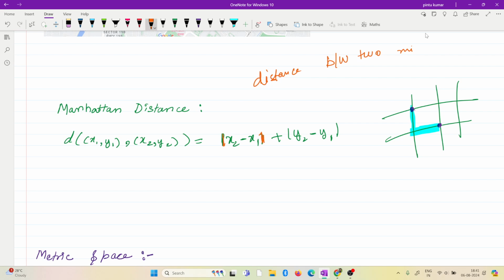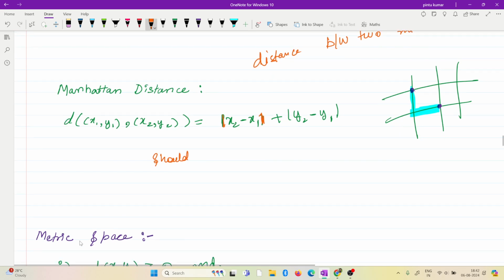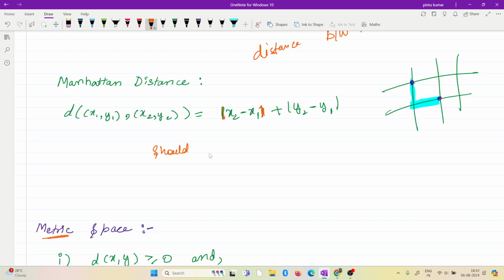Then what are the basic properties of our original distance that you should preserve so you can define your own distances? That's what we are going to cover in metric space, or actually we are not going to cover metric space. We are just going to define what a metric is. Okay, what properties you should preserve.